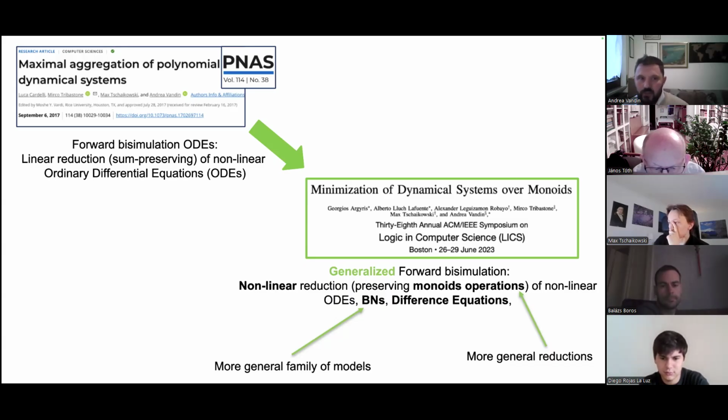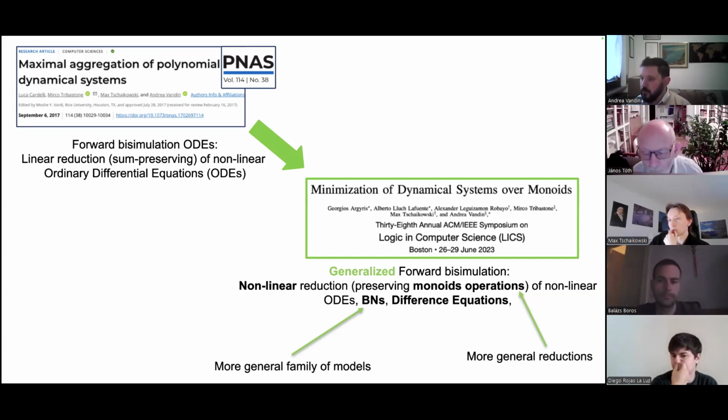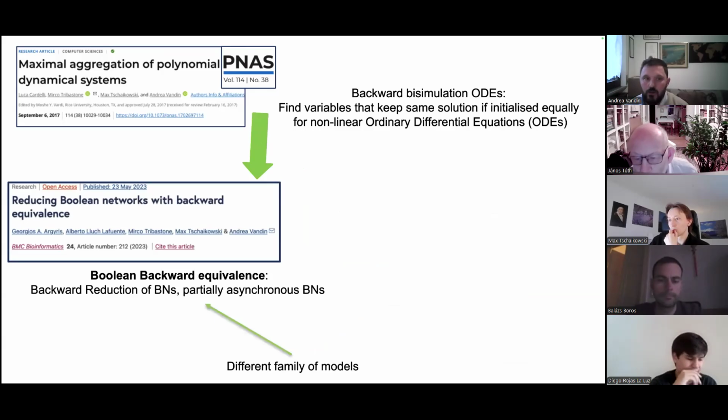So after this paper, in 2023, we got a paper presenting essentially a generalization of this forward notion directly for Boolean networks, but actually for difference equations and also for nonlinear ODEs. And we get a nonlinear reduction, what we call reduction over monoids. We don't just sum variables, we can also multiply variables and more. We also got a bioinformatics paper.